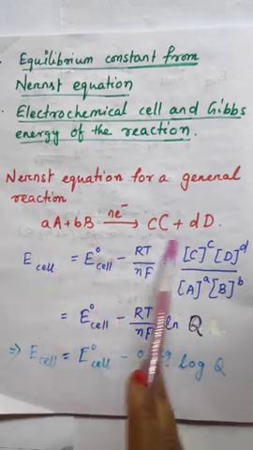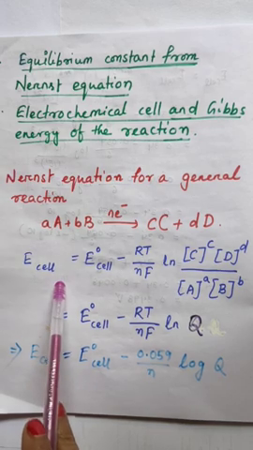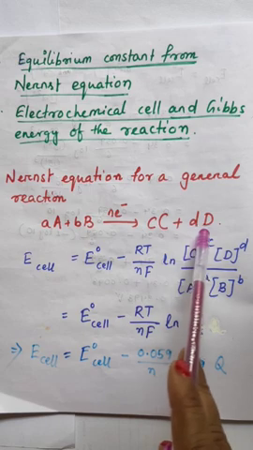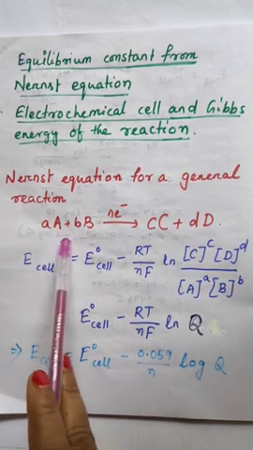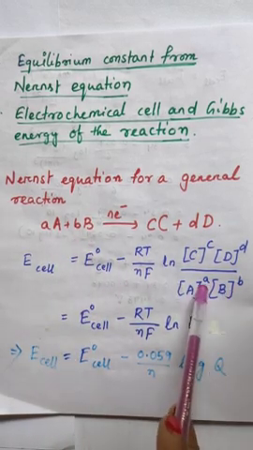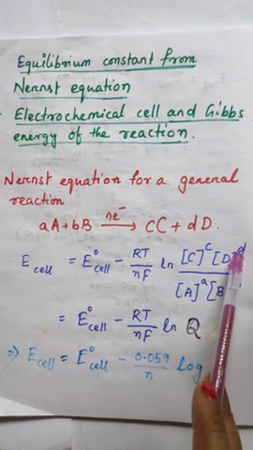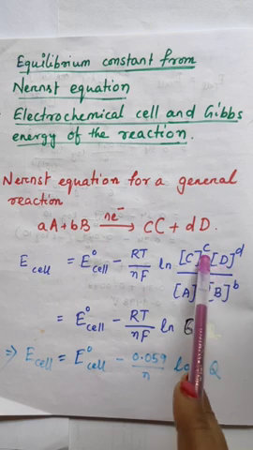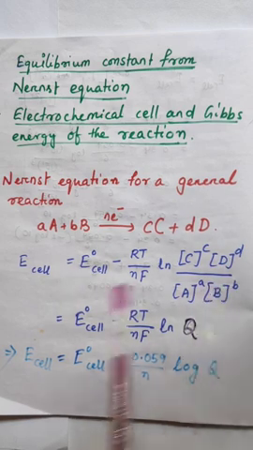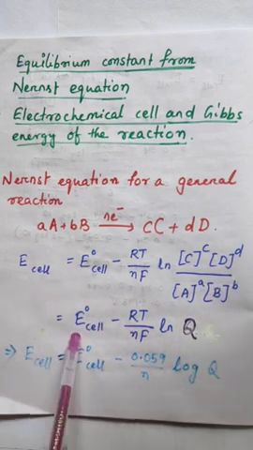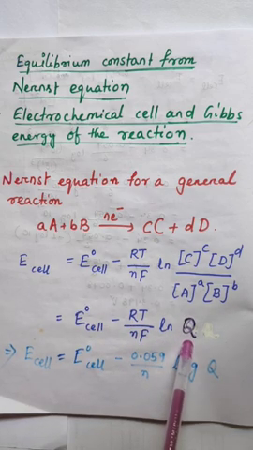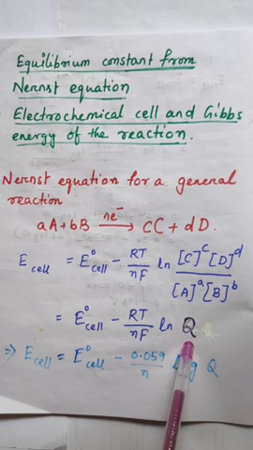The Nernst equation for this reaction is E cell is equal to E naught cell minus RT by NF ln of the right hand side expression. On the reactant side, the concentration of the reactants, and in the numerator the concentration of the products, with the coefficients of the reaction written as the powers. So E cell is equal to E naught cell minus RT by NF ln Q. Q means the reaction quotient when the equilibrium has not been achieved.